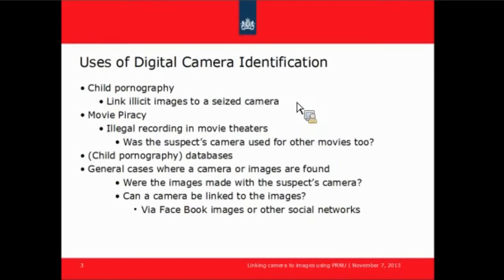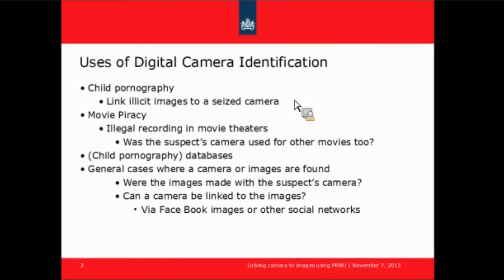You can also do this with movie piracy and pretty much any case where images and a digital camera are involved. Let's say you don't find a digital camera, you could also see if you can find, say, vacation photos or images on Facebook or other social networks.